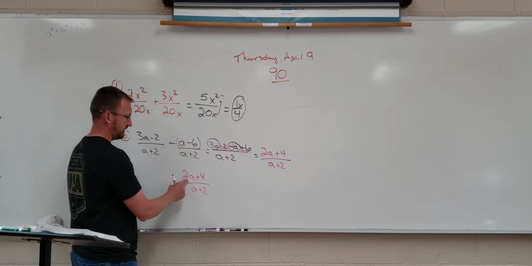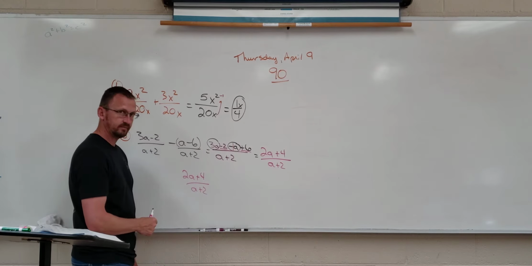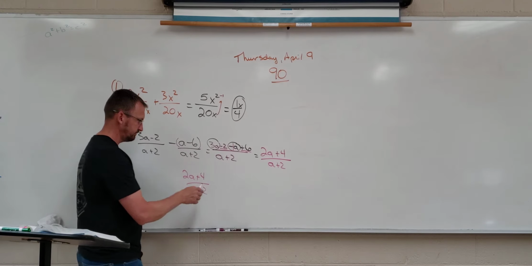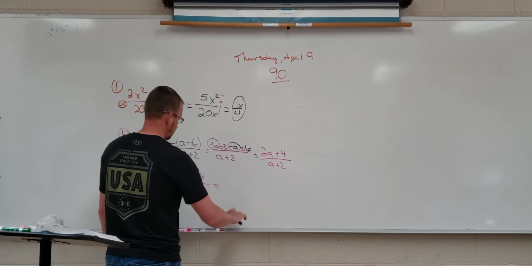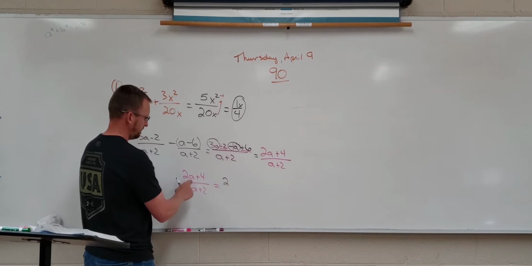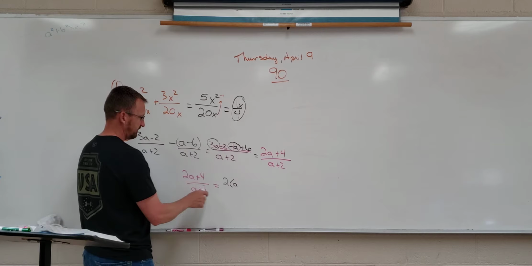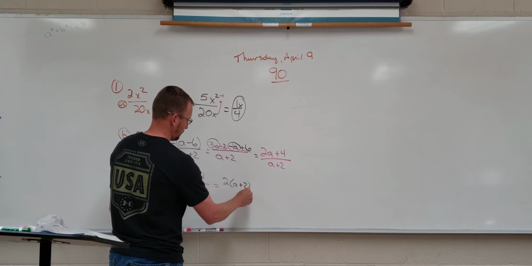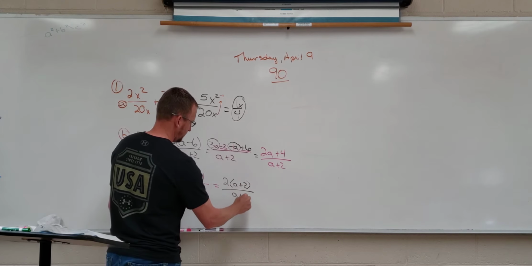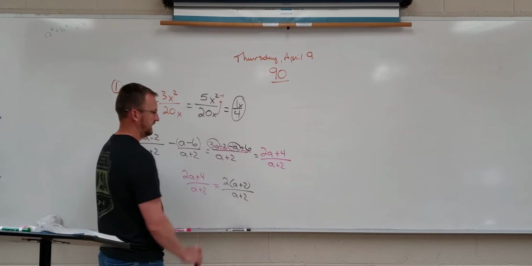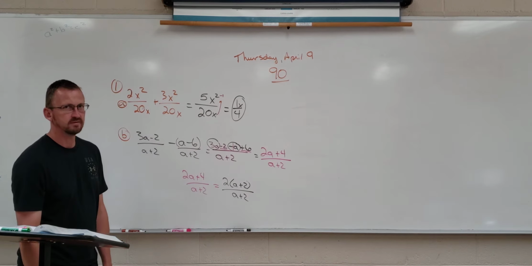What do these two things have in common up here? 2. You can take a 2 out. 2a divided by 2 leaves me with a. 4 divided by 2 leaves me with 2 over a plus 2. Now guess what I can do? That's right.